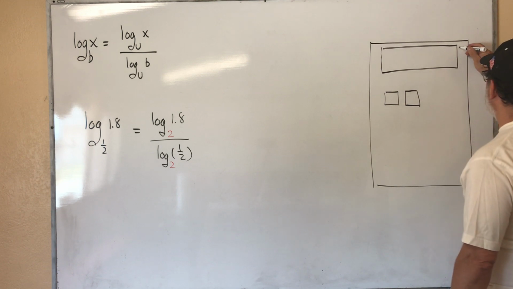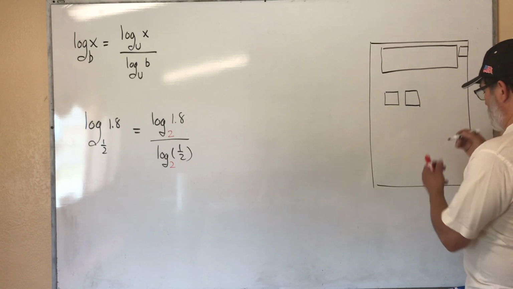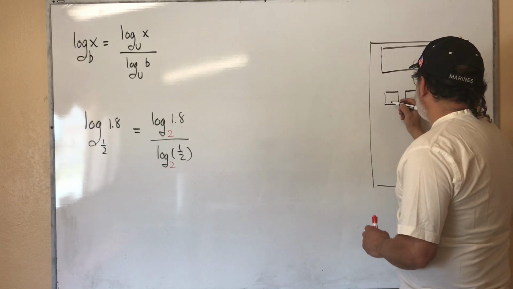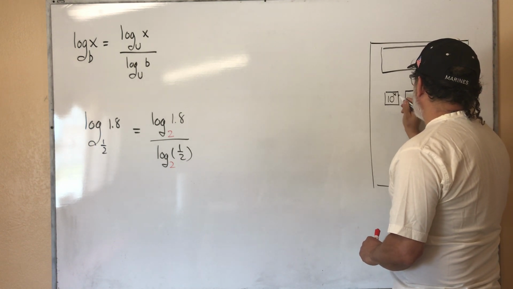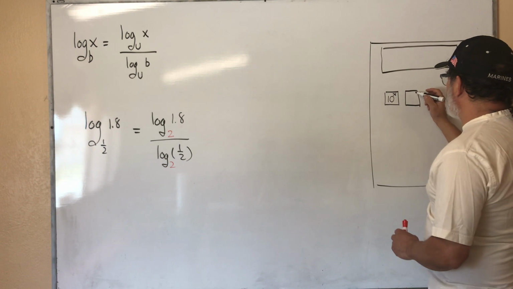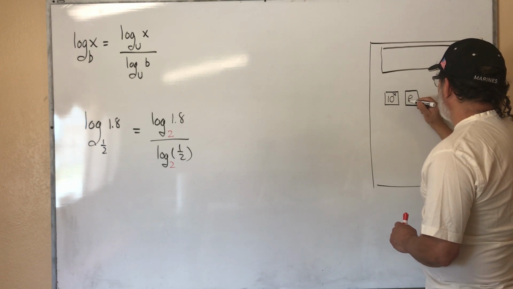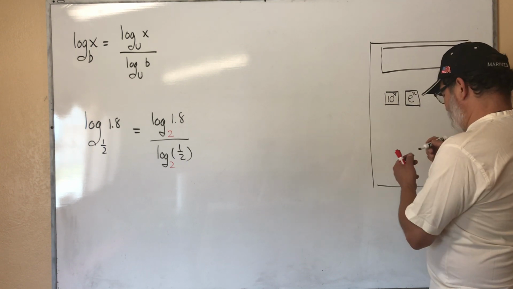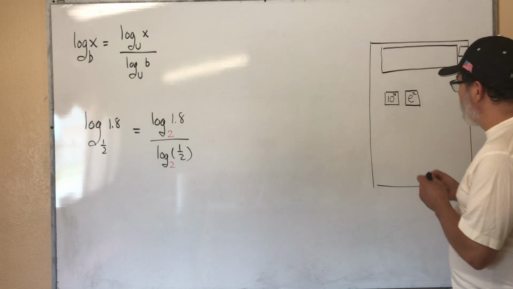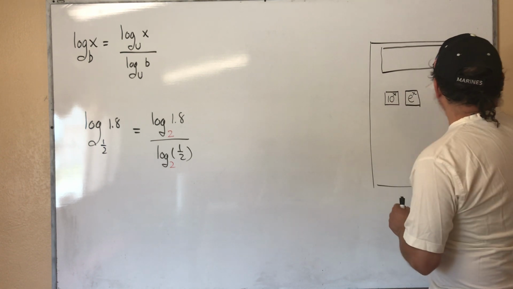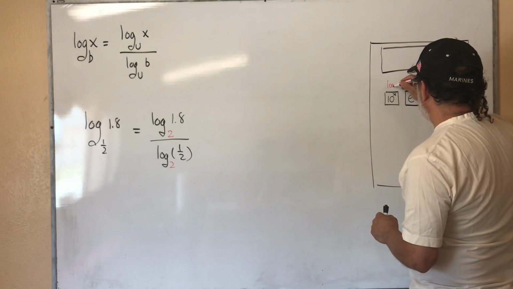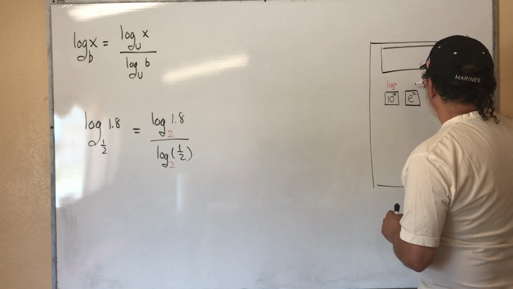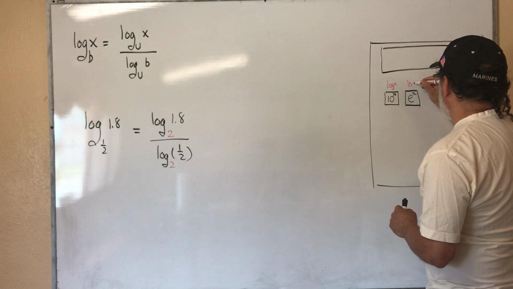And here's the second. Okay? If this is 10 to the x, and if this is e to the x, if this is 10 to the x, then this is log base 10 of x. And this is ln of x.